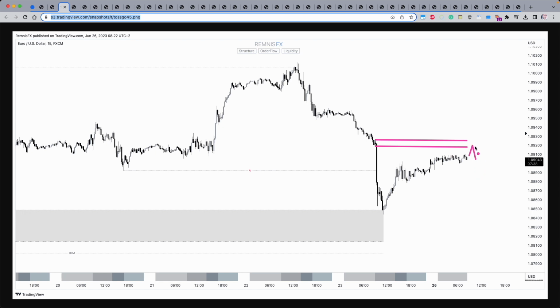Price will trigger them like this, everyone has their stop losses there, and at some point it will hunt those stop losses. While doing so, it will take out this liquidity, presumably.